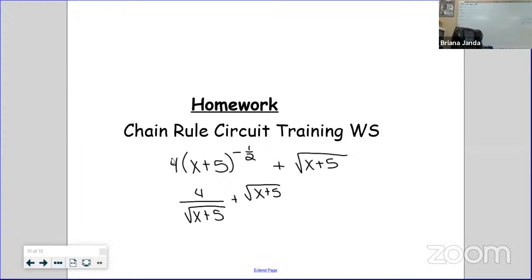What they do is they then look at this as 2 fractions. They get a common denominator by multiplying this one by x plus 5. Yeah? So that I can add things together to make it 1 fraction. So when I take square root of x plus 5 times square root of x plus 5, I get x plus 5. Plus the 4 that was already there, and it would have been x plus 9 over the square root of x plus 5.